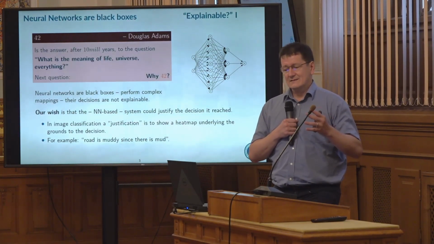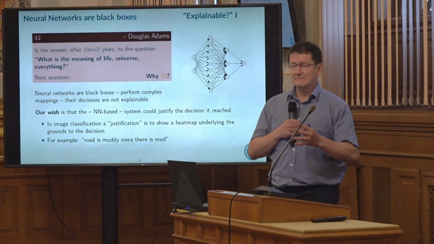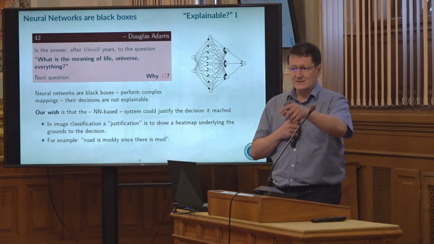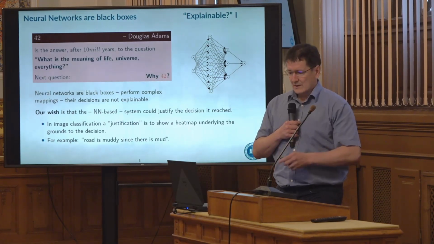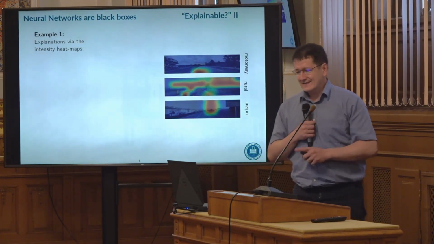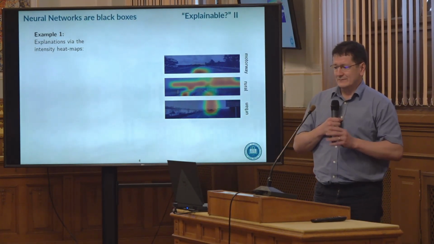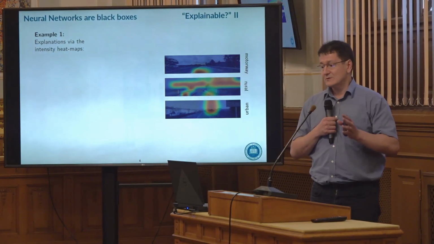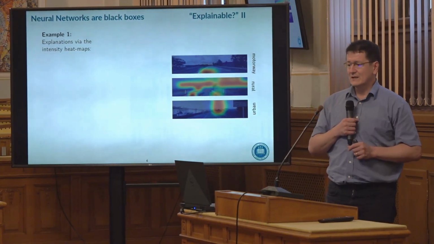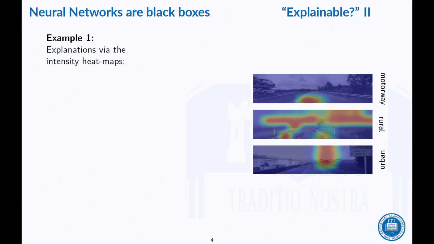If we focus on images and decisions related to images, for example, we might ask why the system is saying that the road is muddy. Because I see there are some patches which have certain specifics. The images are a little bit old, and for most of the people that work with this, they look familiar.